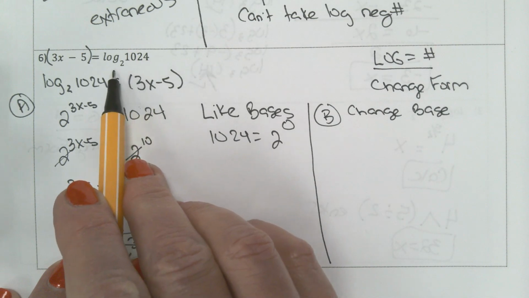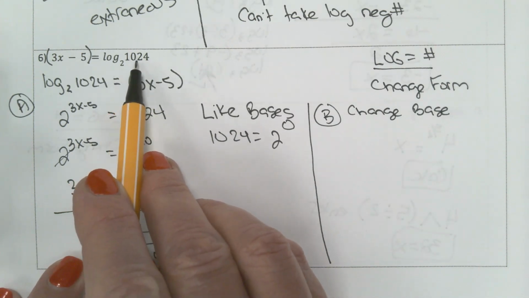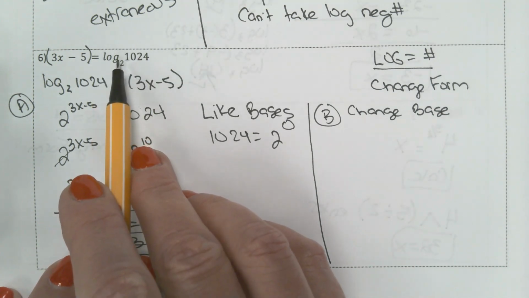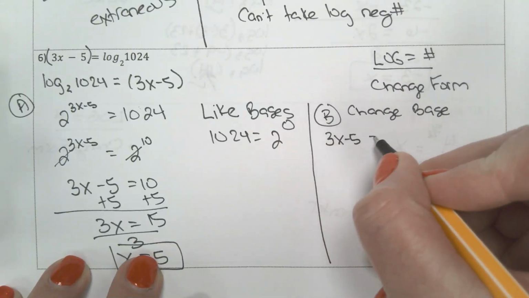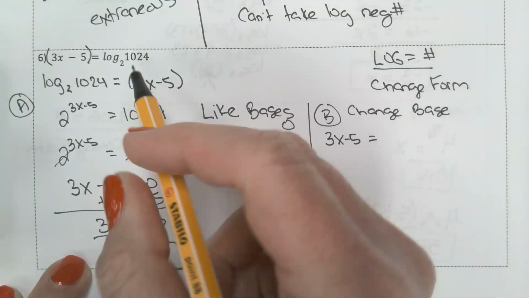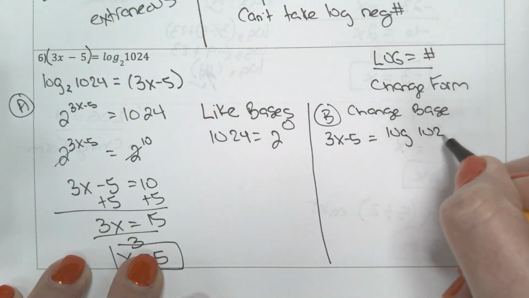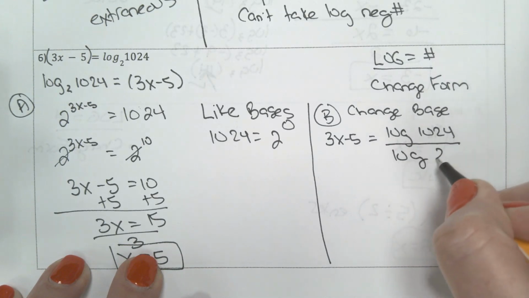So anytime that you have a number in both spots, you could always use your change of base formula because you can get a number right there. So that's my plan. So I have 3x minus 5 equals the change of base formula that I learned yesterday, log of 1024 divided by log of 2.